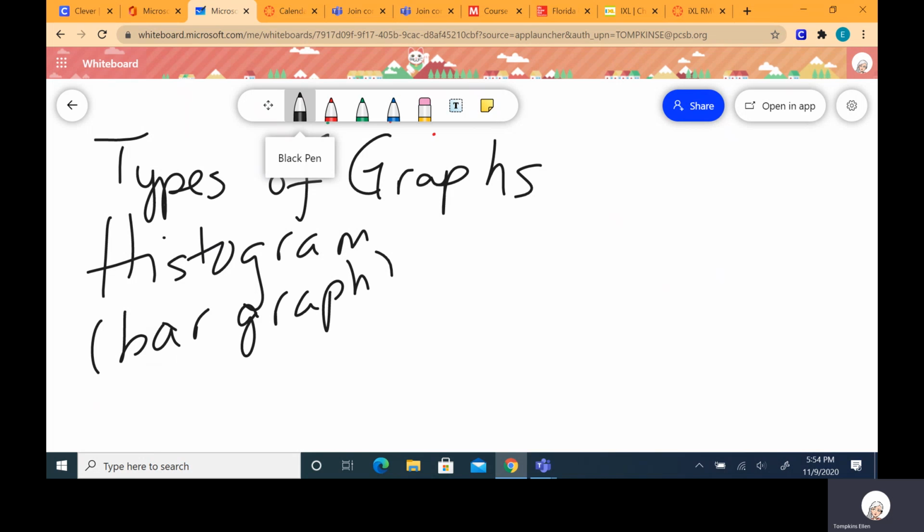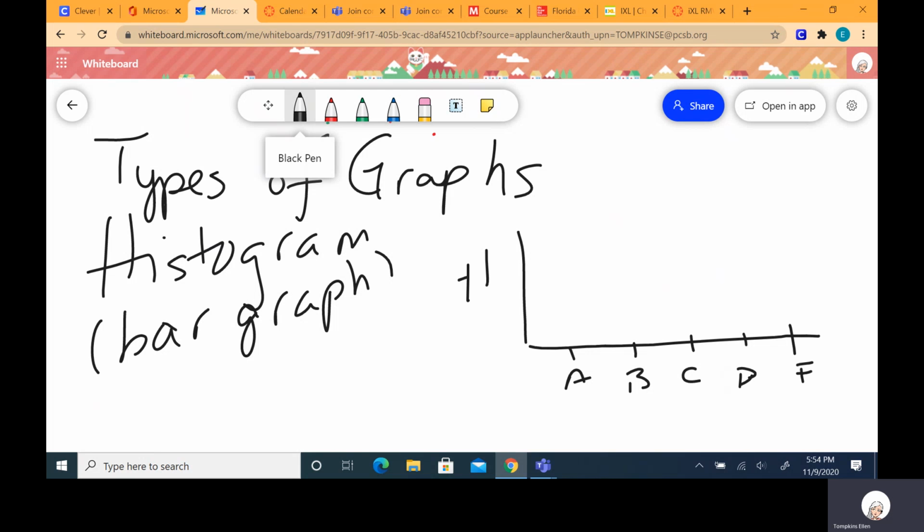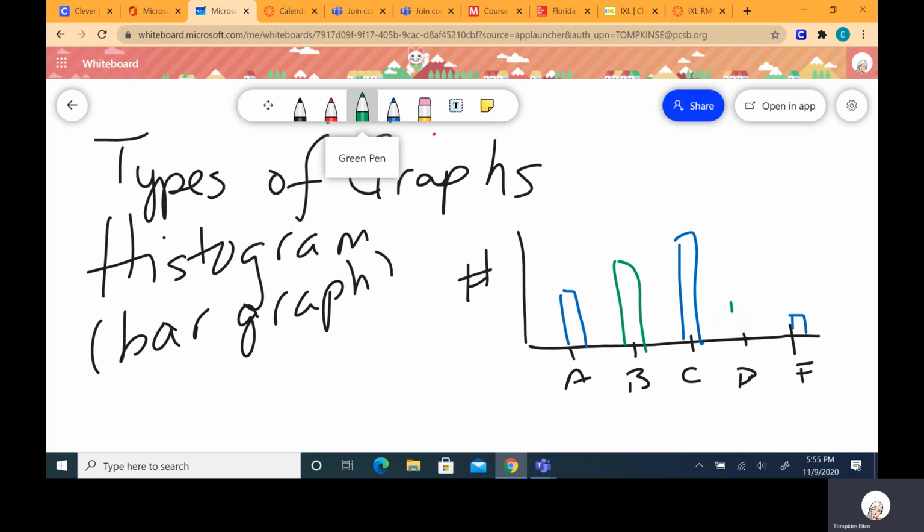So if I took my grades again this time, and I said these were A's, these were B's, C's, D's, and F. And this is the amount. And I went ahead and did, I had this many A's, this many C's, and this many F's. I'm changing color, so that's what you're seeing. Okay, so that would be a bar graph. This is a bar graph.